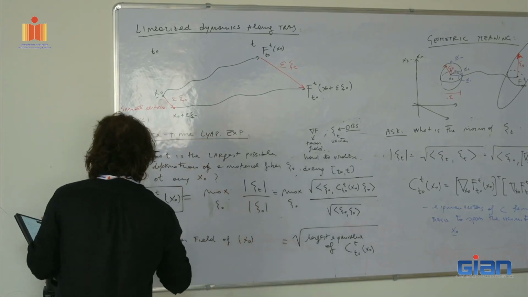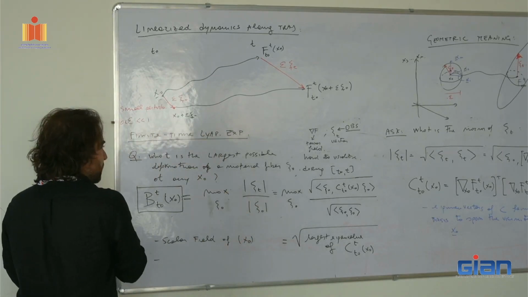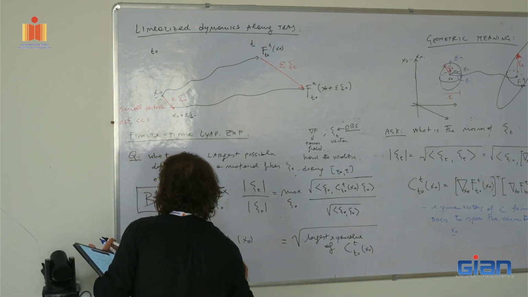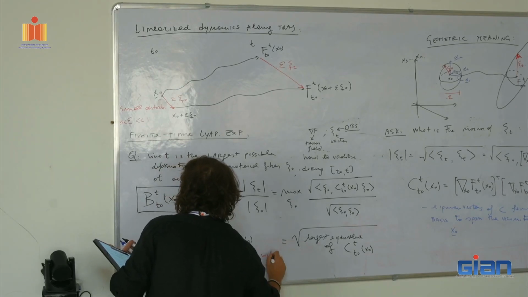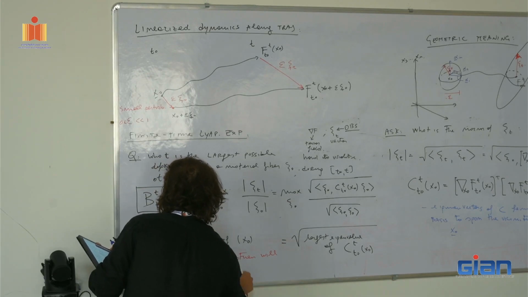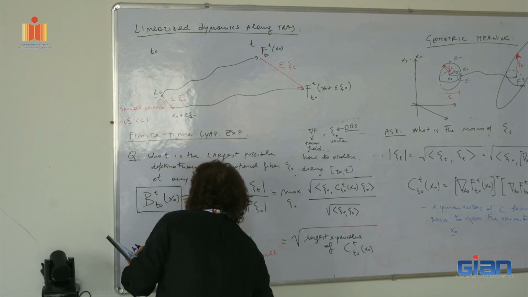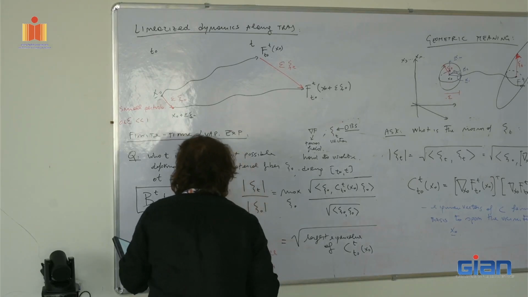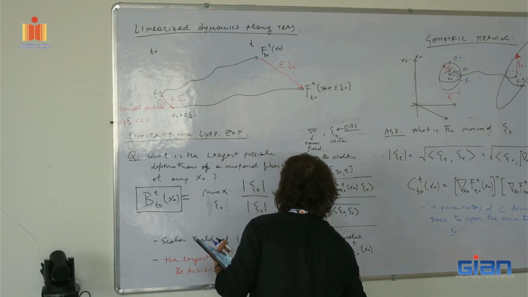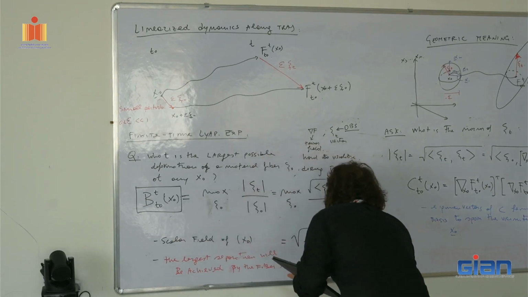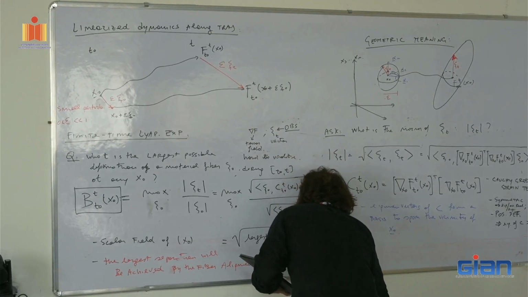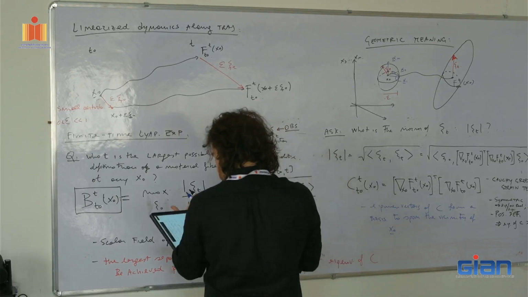Of course, it's going to depend also on t0 and t, and you already know for free that the largest separation will be achieved along the fiber aligned along the largest eigenvector of C. Okay.